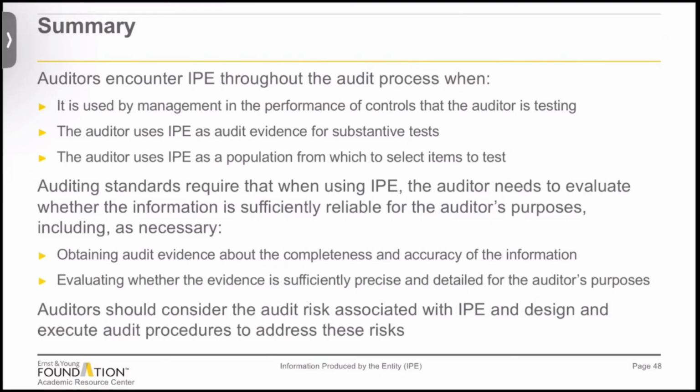And auditing standards require that when using IPE, the auditor needs to evaluate whether the information is sufficiently reliable for the auditor's purposes, including, as necessary, obtaining audit evidence about the completeness and accuracy of the information, evaluating whether the evidence is sufficiently precise and detailed for the auditor's purposes. Auditors should consider the audit risk associated with the IPE and design and execute audit procedures to address these risks.